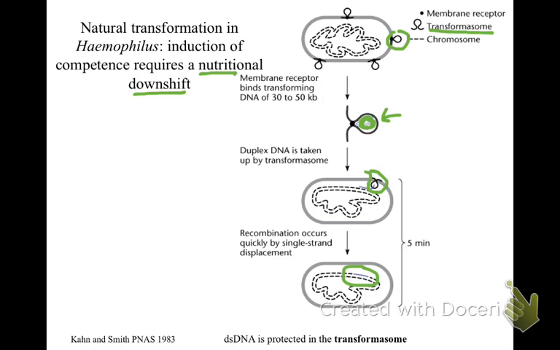So here's the single strand of DNA on the chromosome, and now daughter cells could potentially give rise to two different phenotypes, because this new incoming DNA could have a mutation that's not existing on the other strand of DNA. So you end up with genetic diversity in this way.